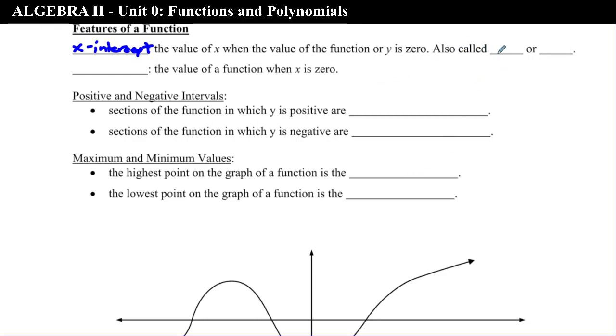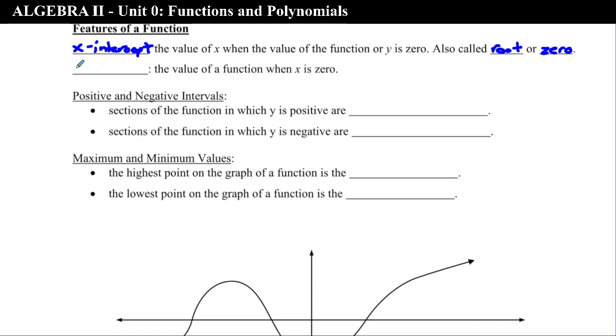The x-intercept can also be called a root or a zero. So if you come across a problem that asks for the roots of a function, it's asking for the x-intercepts. Same thing with zeros. If it's asking what the zeros of the function are, it's asking for the x-intercepts.